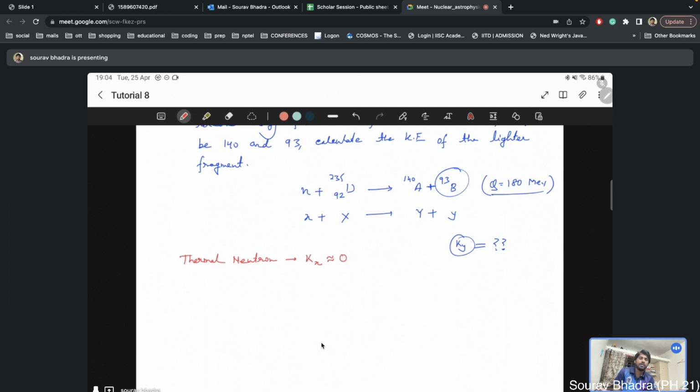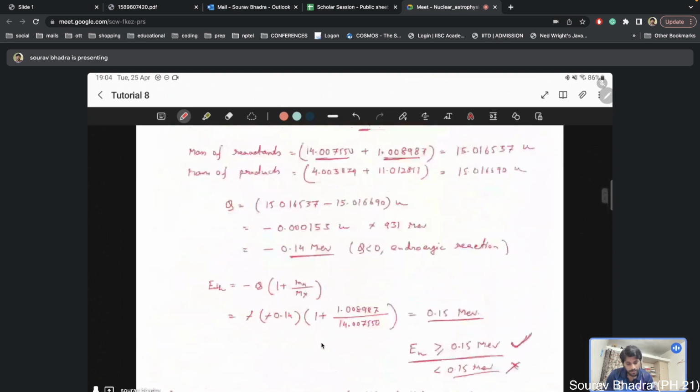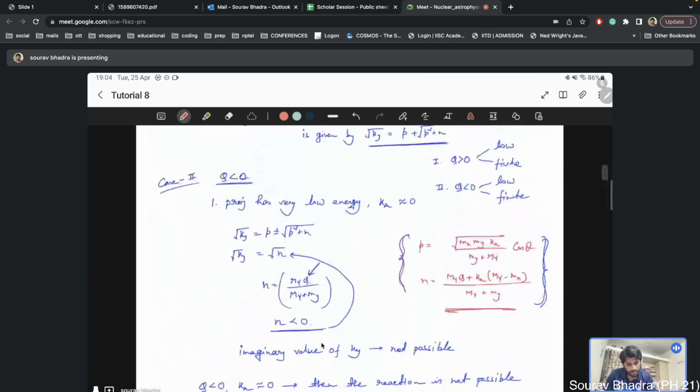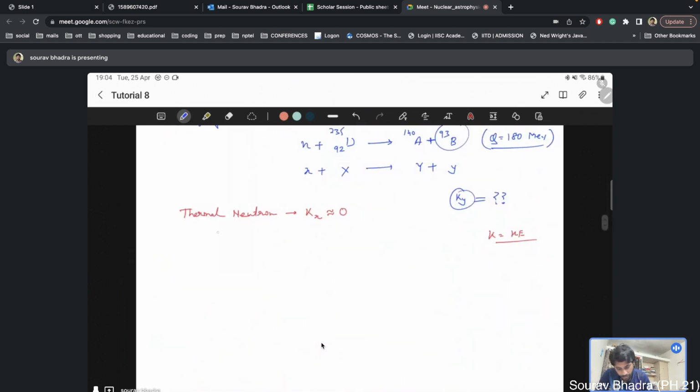E is also a way to represent the energy, but we will stick to the K notation, which is our kinetic energy. Okay. So Kx equals 0, it is given. That means if we go to our P, this P, with Kx equals 0, P is again 0. Okay, so Kx equals 0 gives us P equals 0.